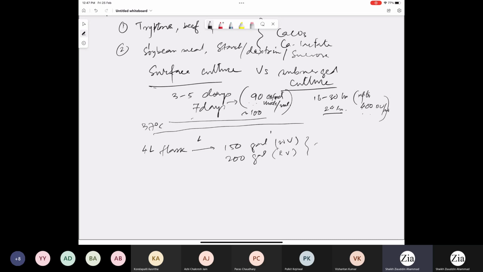There you keep it for 6 hours. So first it is 18 to 24 hours, and here you keep it for 6 hours.